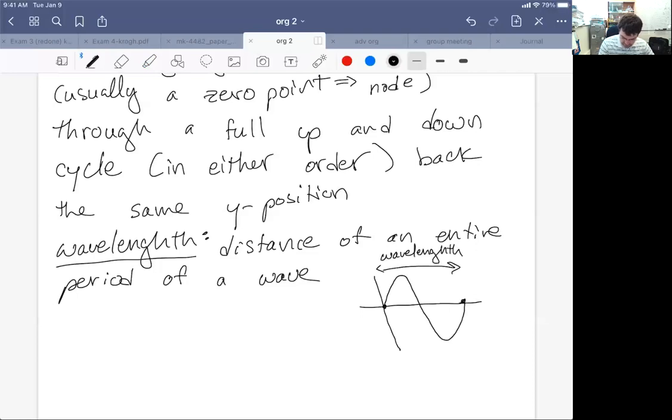Now the wavelength is not spelled correctly. Let's get that right. The wavelength is labeled with the label lambda.